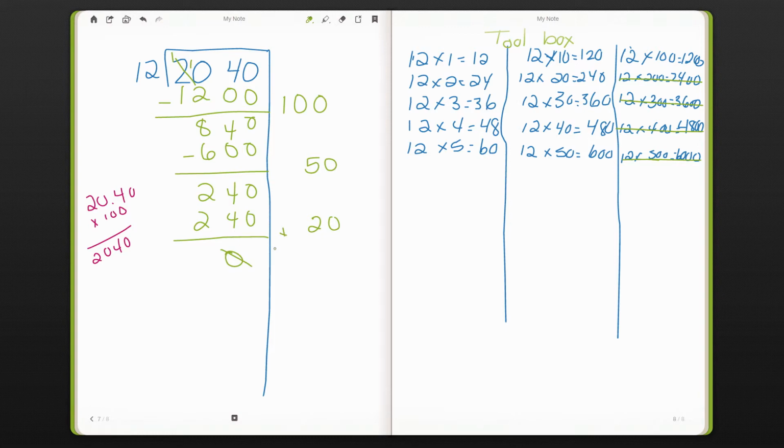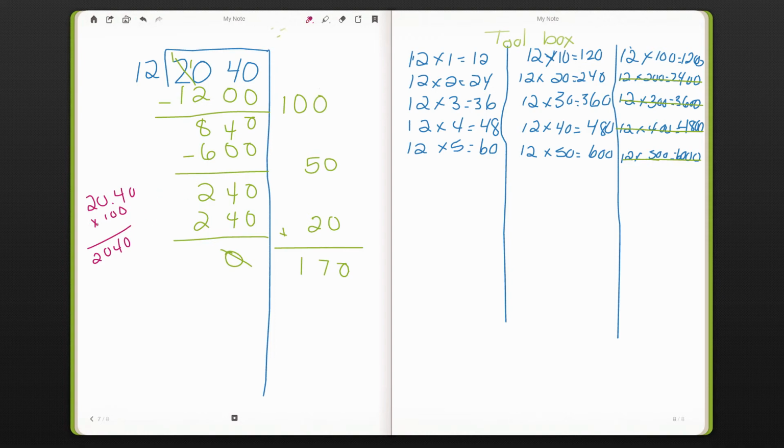I then add up all of my partial quotients. However, as you remember in the beginning, we had a decimal that I needed to get rid of in order to have a whole number. Now I need to put that decimal back.